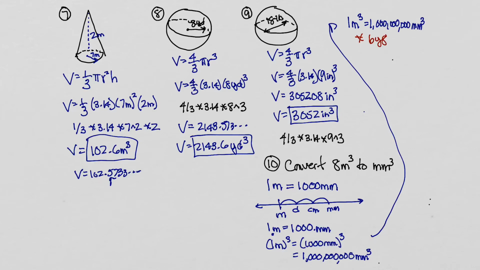That'll give us 8 cubic meters, and multiplying the right side by 8, we'll get 8 billion, 8,000,000,000 cubic millimeters. That's how we could make that conversion.